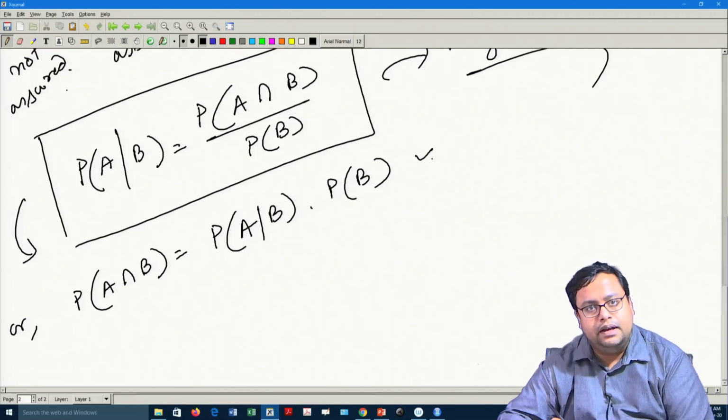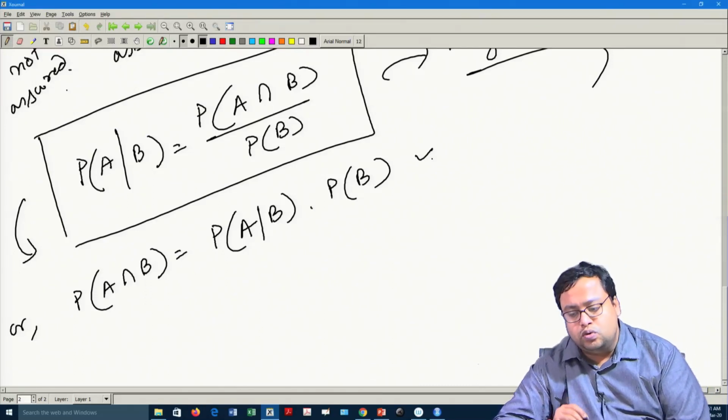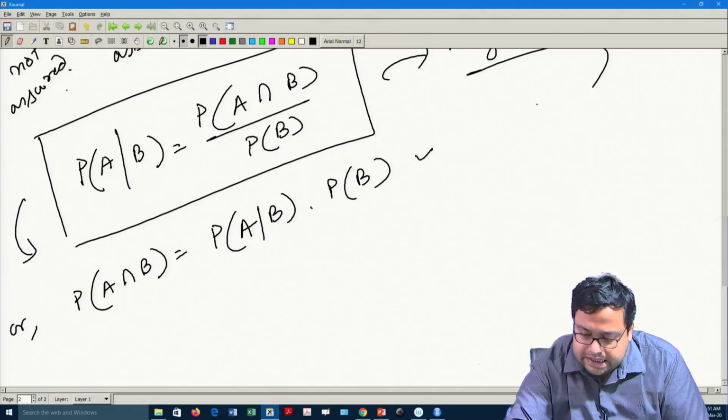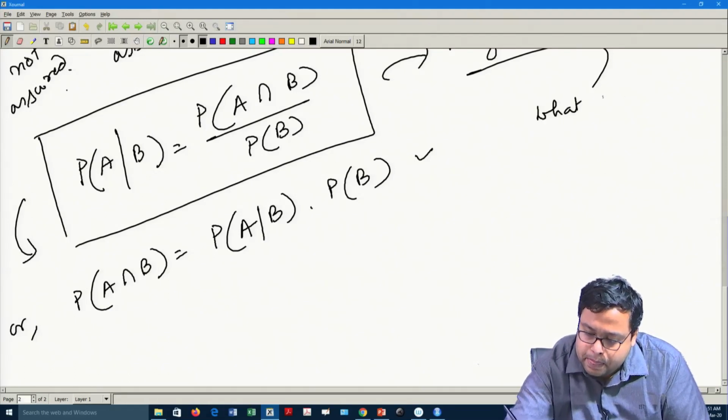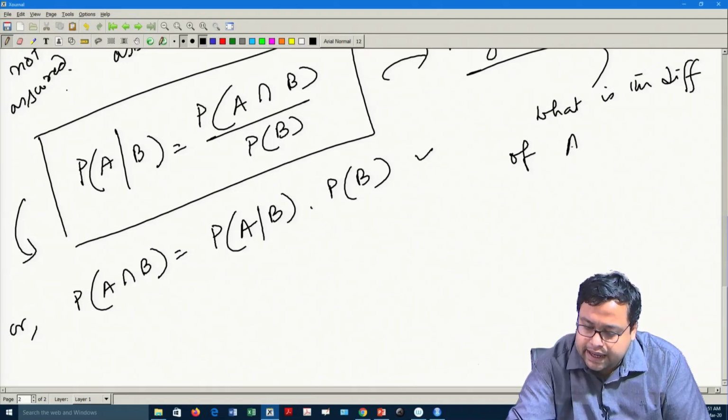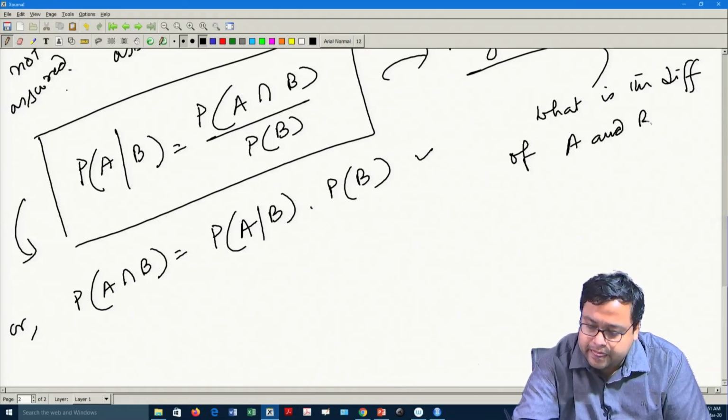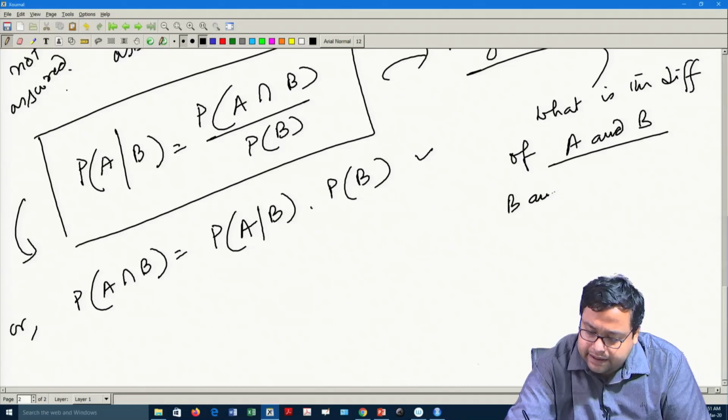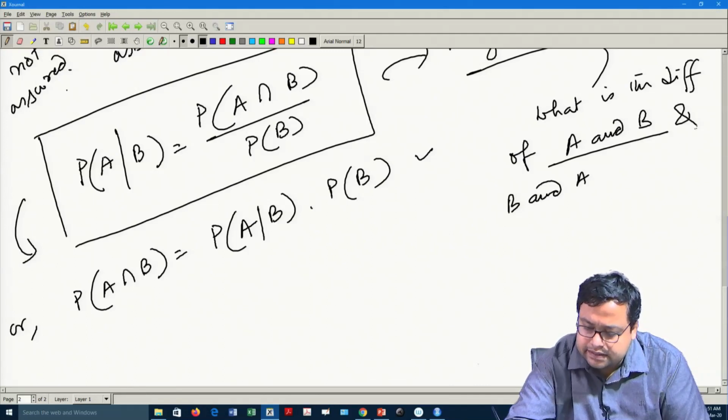Fair enough. Now, if this formula is true, what is the difference between A and B and B and A? Is there any difference?